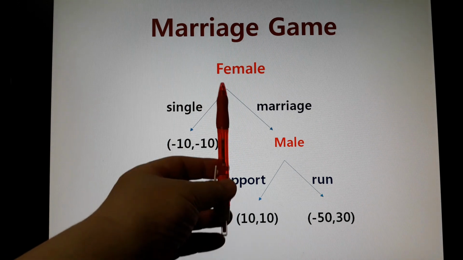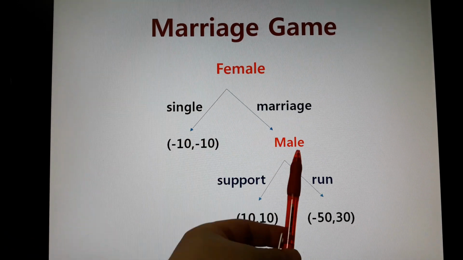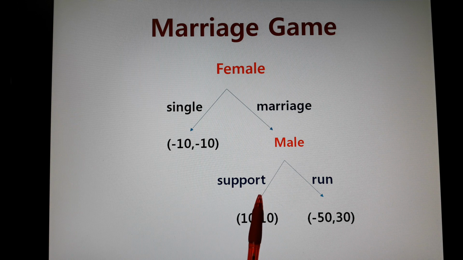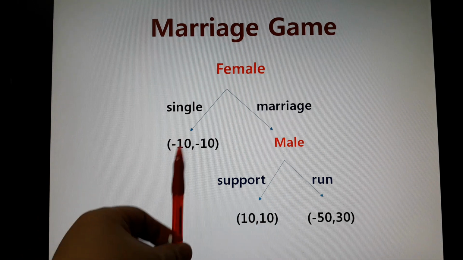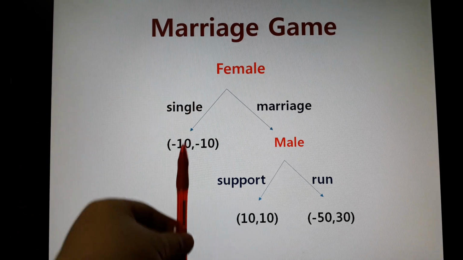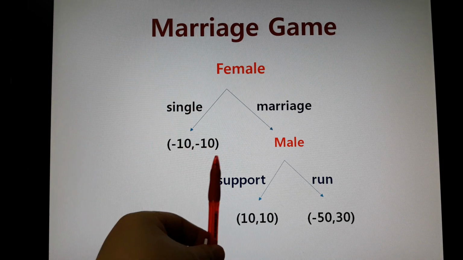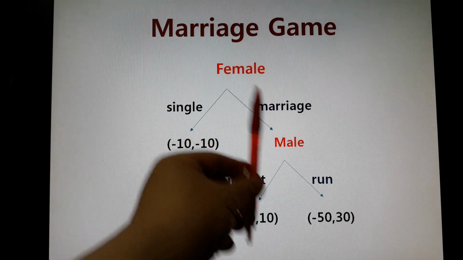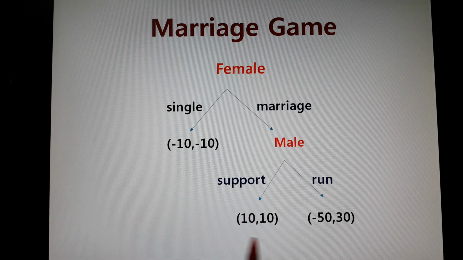And when they get married and the male faithfully supports the family and the female, their satisfaction level increases to 10 and 10. So if they stay single, both male and female get -10; if they get married, 10 and 10.